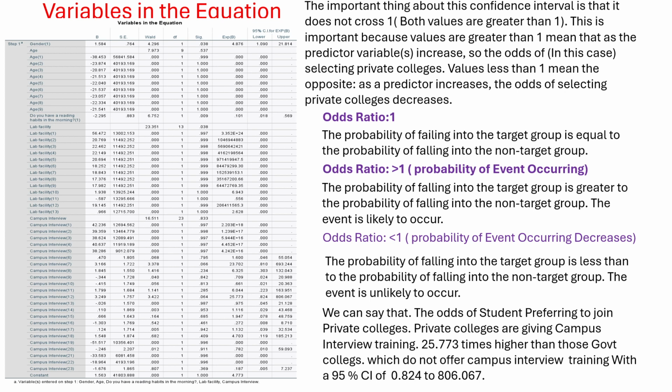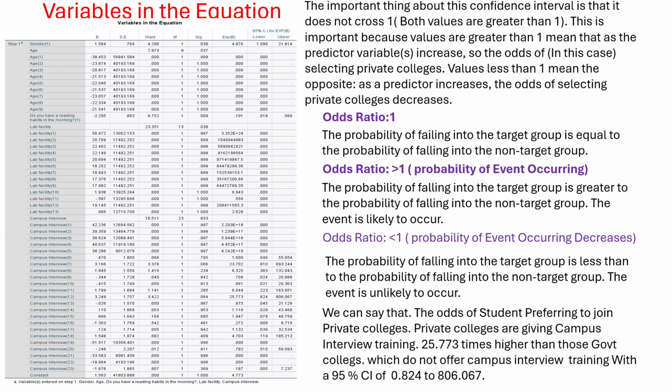The event is likely to occur. Odds ratio less than 1: the probability of the event occurring decreases, the probability of falling into the target group is less than the probability of falling into the non-target group. The event is unlikely to occur.